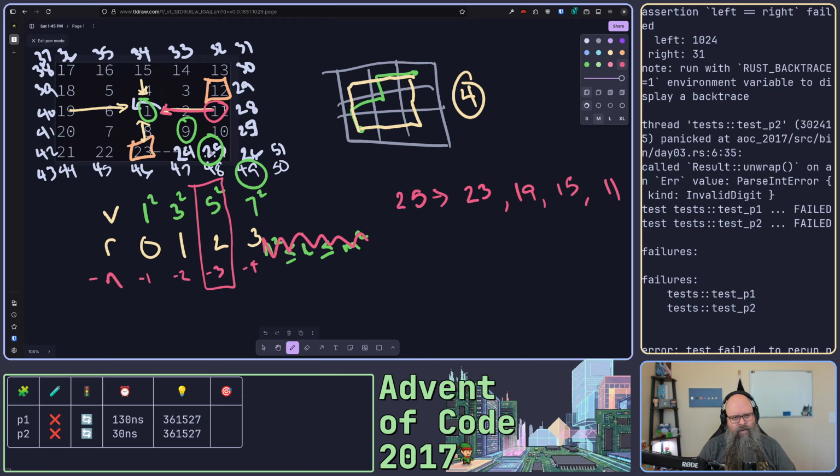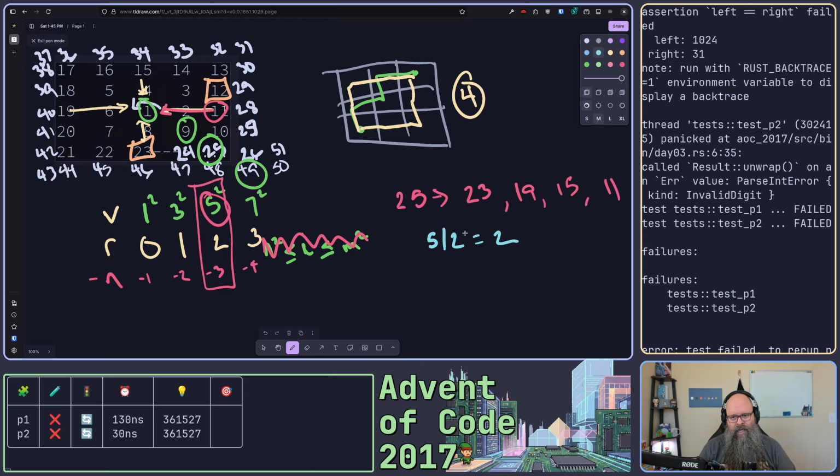Let's see. We know that 1, 2, 3, 4. 1, 2, 3, 4, 5. We know the distance is 5. I'm gonna do an off by 1 error. I know this because the distance is 5, but it's 25 to 21, right? So it's 5 minus 1. And each of these are 5, right? So we know, oh, this is the offset. This value right here is the offset. Minus 2, right? So the calculation we would do is 5 divided by 2, which is 2, right?